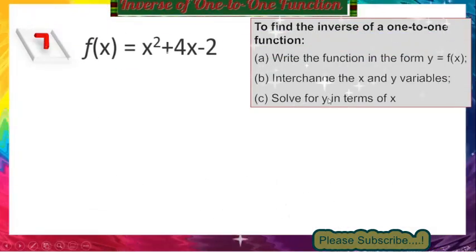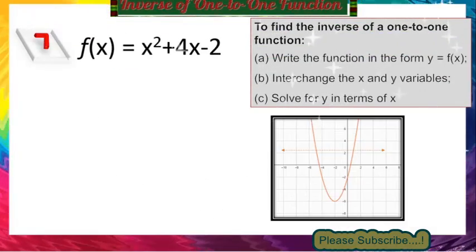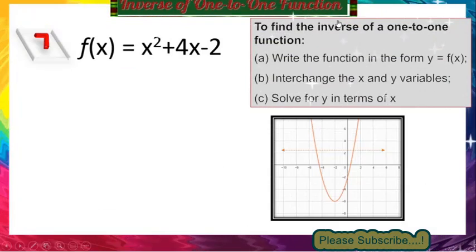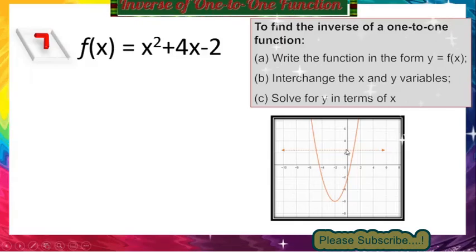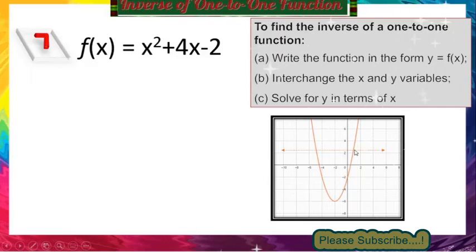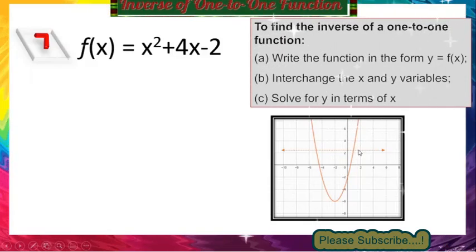Okay, so as you can see, this is the graph of that function. So it is a U shape, or a parabola. So when we plot our horizontal line, there are two intersection points, right?